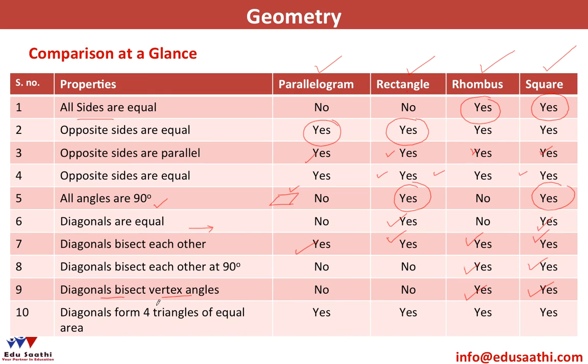They do not bisect the vertex angles in case of parallelogram and rectangle. The diagonals form 4 triangles of equal area in all the 4 cases. So in all the 4 cases, if I know the area of one triangle, I can multiply it with 2 or 4 depending upon which kind of triangle I have taken to get to the area of the complete figure.